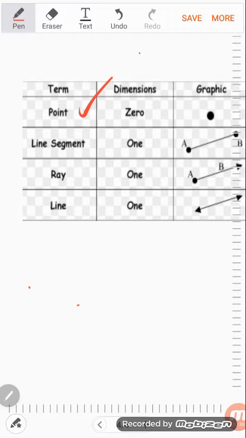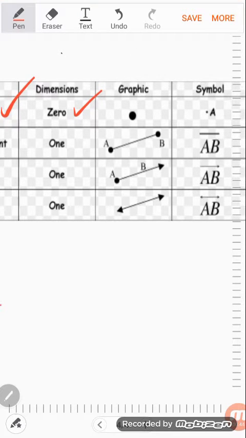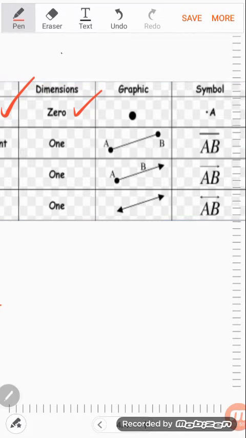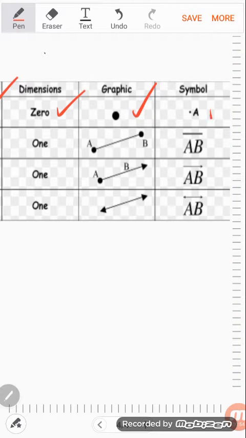For description or definition, a point is a geometric element that has 0 dimension and is represented graphically with a closed marked dot. And the symbol is a capital letter standing right beside it.